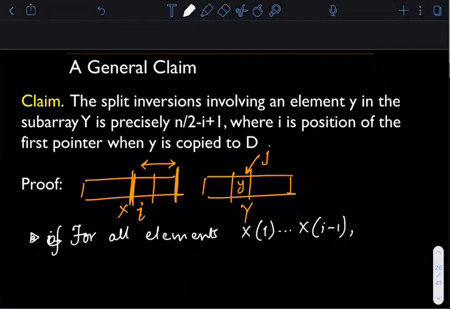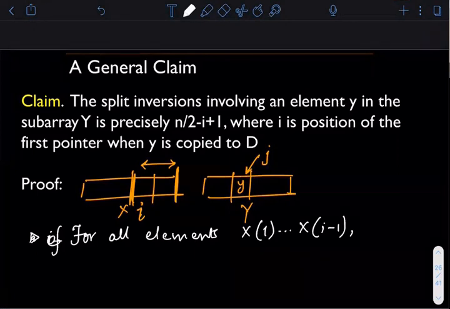Can y be involved in any split inversion with any of them? Okay, no. Why not? Exactly, because y is bigger than all of them. And why is y bigger than all of them? Because if it were not bigger, y would not still be here. Then y should have been part of the final array by now. But remember, y is still not part of the final output array in the merge procedure.